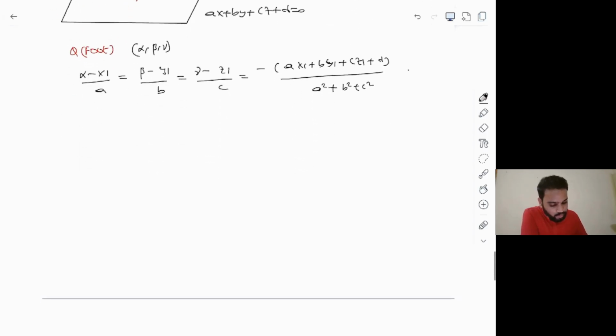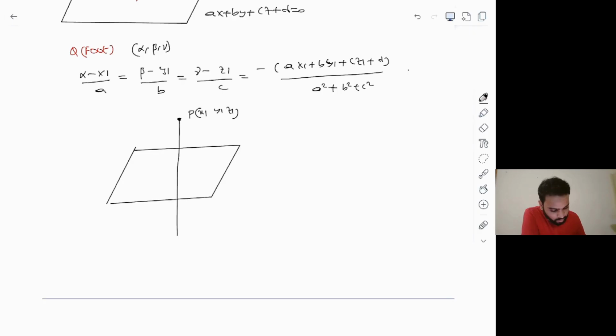And what is the concept of image? If you want, I can draw one more diagram, just a rough diagram. Image is nothing but the reflection of the point with respect to the plane, right? So if this is the original point P, which is (x1, y1, z1), the image will be on the other side. Let me call it P dash, and let's take it as (l, m, n) here.